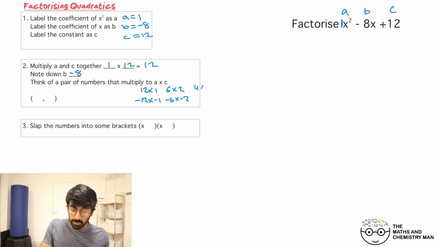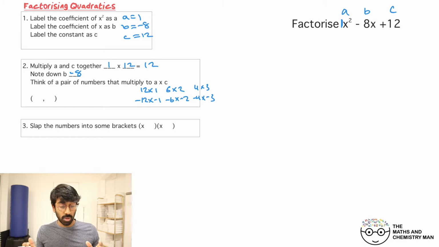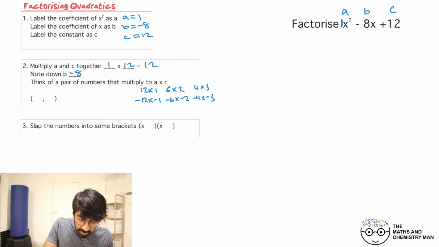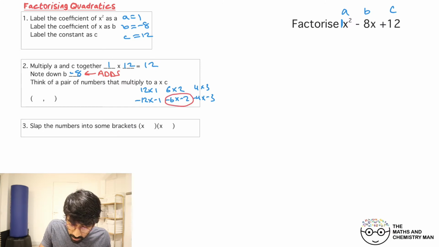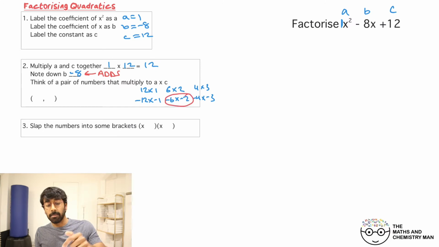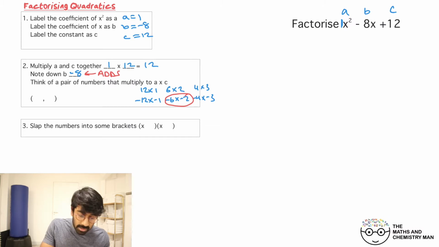Or we could even go with 4 times 3, or minus 4 times minus 3. Either of those options. But we've got to pick the one that adds to give minus 8. So which one is going to add to give minus 8? It's going to be that one over there, because minus 6 minus 2 gives you minus 8. So the numbers we're selecting are minus 6 and minus 2.